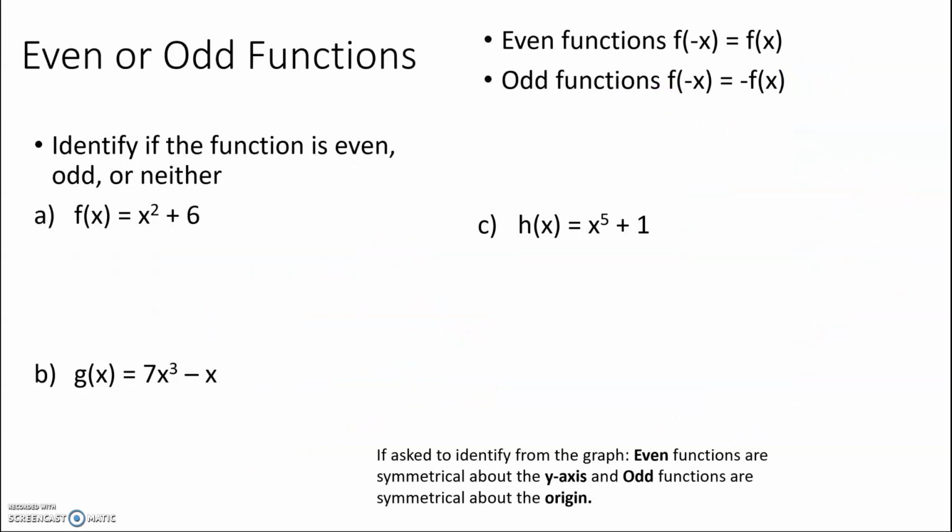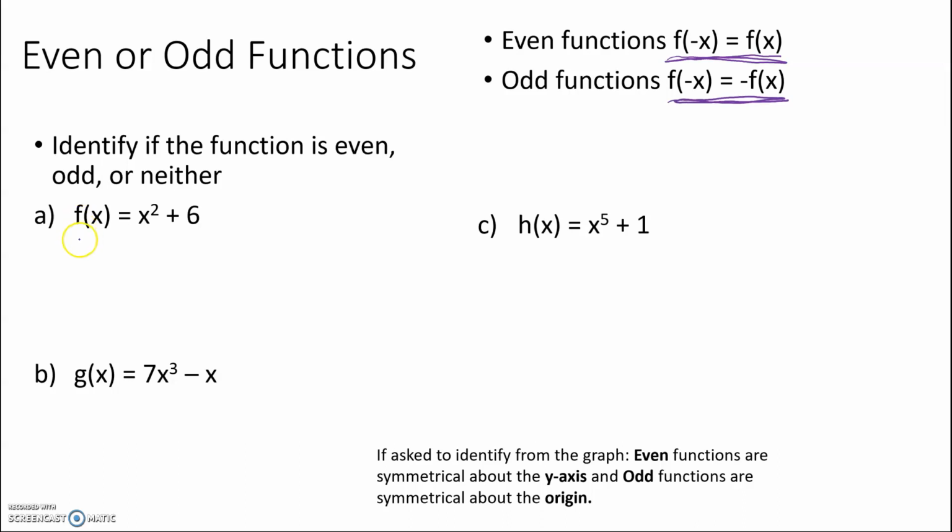Even versus odd. Even functions, basically, if you plug in a negative x, and the function winds up being the same function in the end. Odd functions, it turns into a negative version of what you saw to begin with.